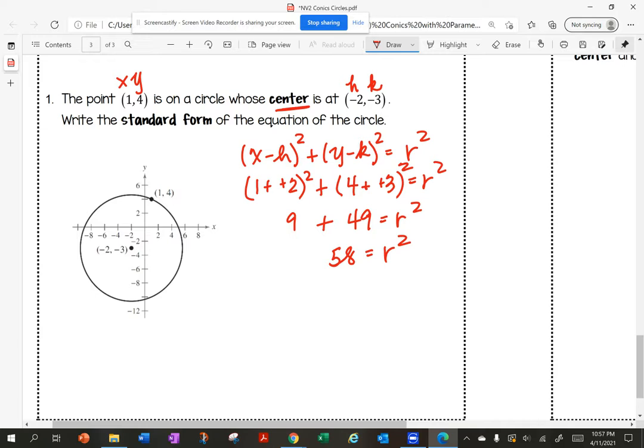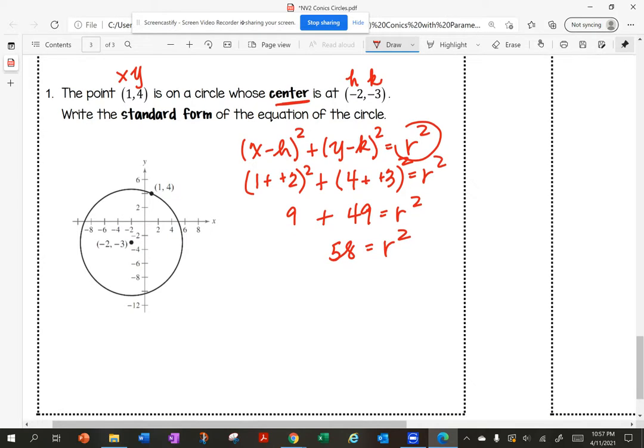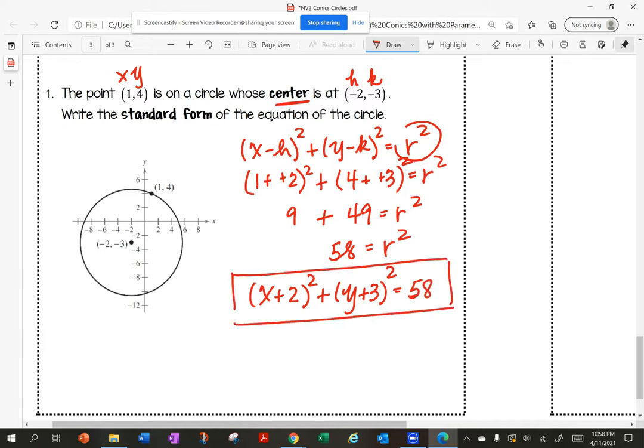I don't need to know what r is because I'm substituting r squared into my equation. So just rewriting now, I have x minus -2 is (x plus 2) squared plus y minus -3, which is (y plus 3) squared, equals 58, my radius squared.